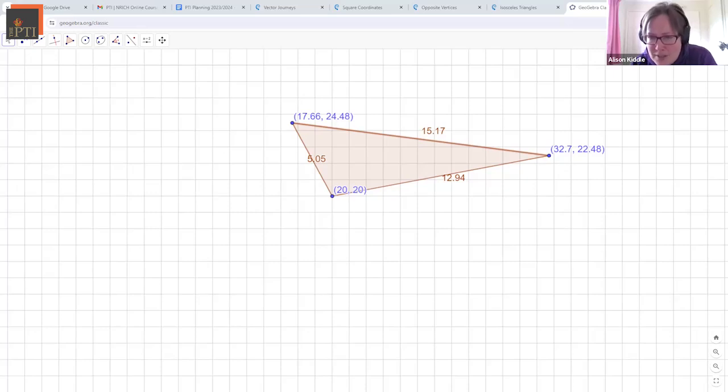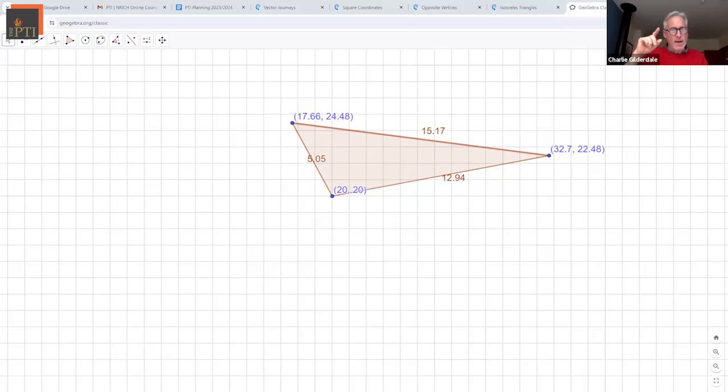Charlie, I might make you do some of the deciphering. Can you choose one of the comments from the chat and tell me about the families that they've come up with, some actual numbers that I can move it to and put in? Okay. Well, before I do that, what I find really interesting is, if I'm correct, all the examples that have been posted have 20,20 as the vertex which has the angle that has not got a partner that is identical.